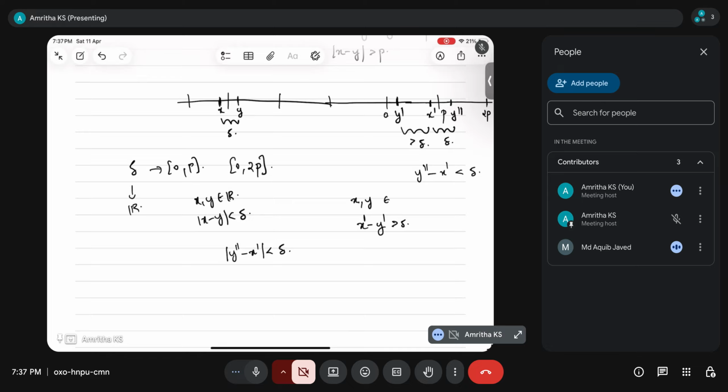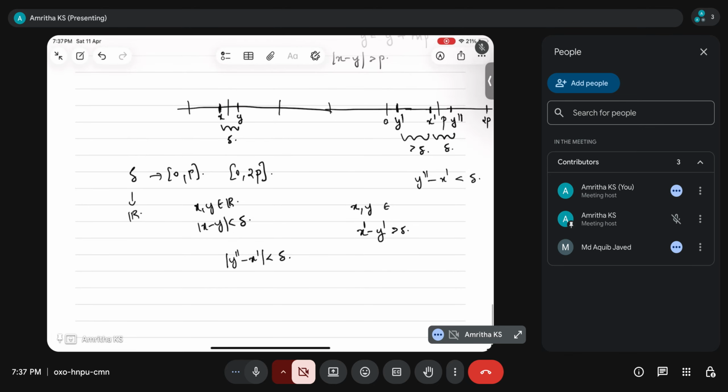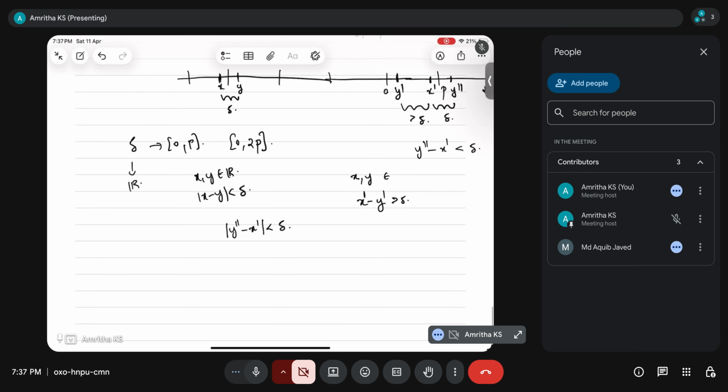X and y dash are in 0 to p, and whenever you add p, you push x to this interval 0 to p. That means you take x dash. First of all, you can suppose you take p equals 1.